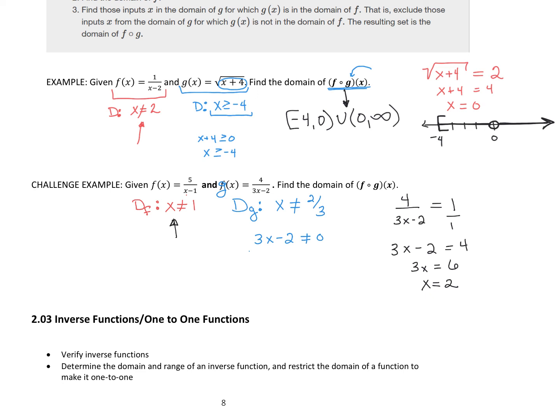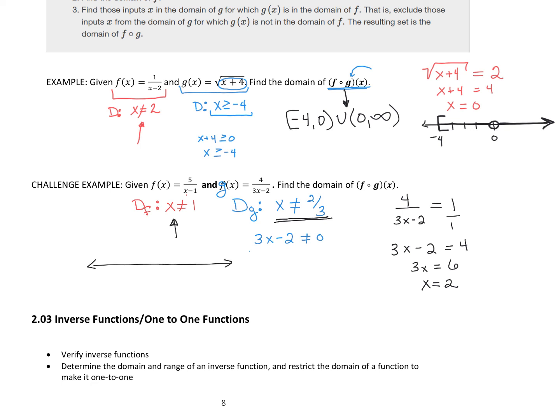So in general, we would say that the domain of g would be anything as long as it's not 2/3. But we also have to exclude anything that makes g of x equal to 1. So we're going to say x cannot be 2/3 or 2.